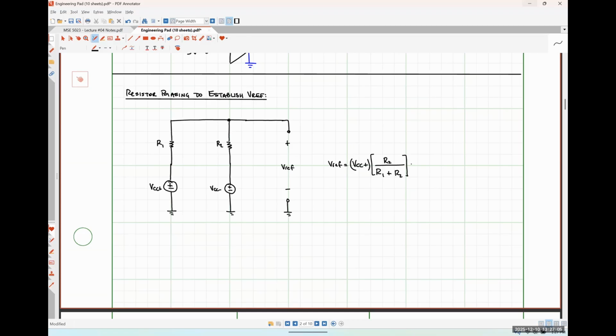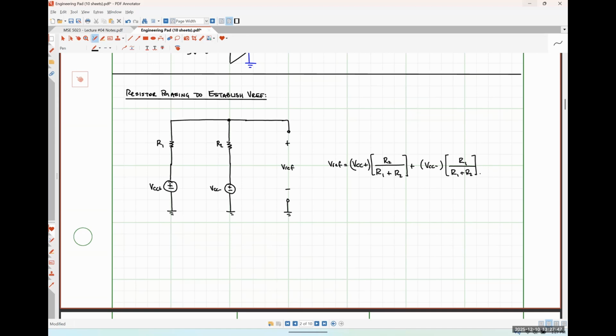And I'm going to add to this VCC minus times R1 over R1 plus R2. So this is the contribution of the VCC minus power supply voltage to the overall output voltage. Okay. So simple voltage divider network that we can use to establish any voltage between VCC plus and VCC minus, depending on what we choose for R1 and R2, okay? Nothing particularly wild or crazy there.